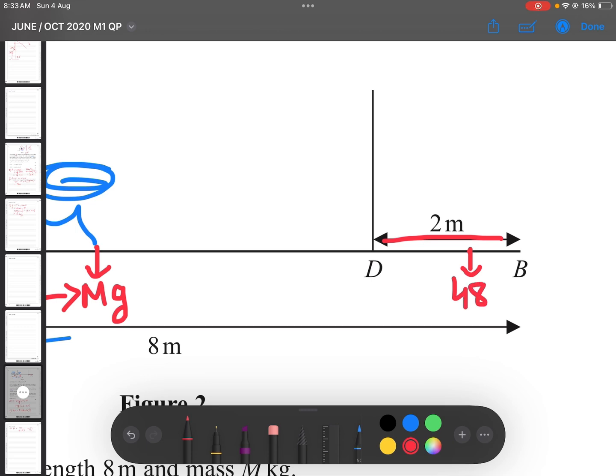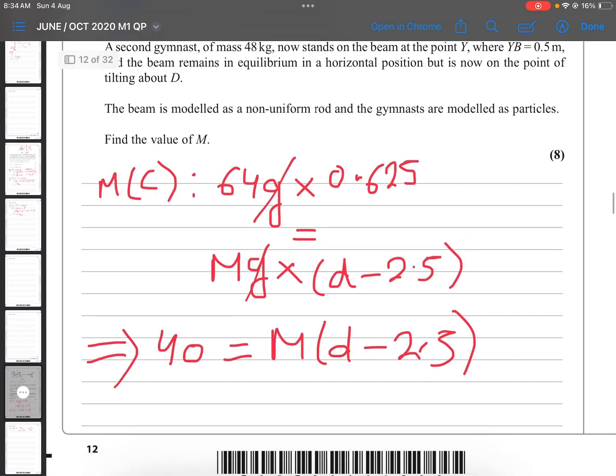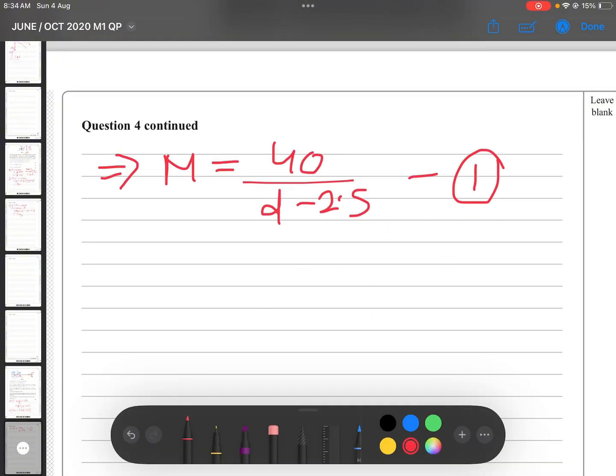So it's going to be 48g, and this is 0.5 meters. Now let's continue. Tilting about the point D, so tension at C is going to be 0 now. Let's continue taking moments about D.